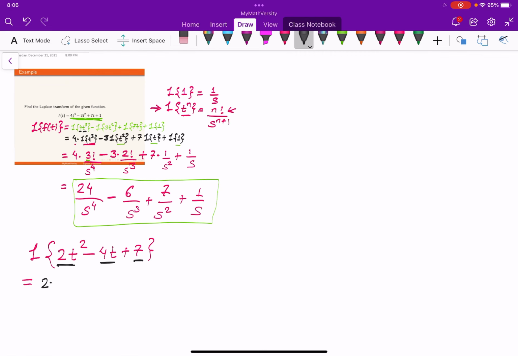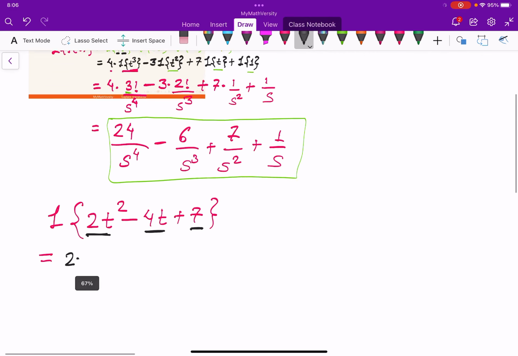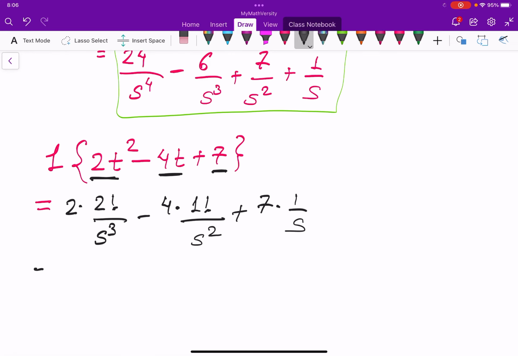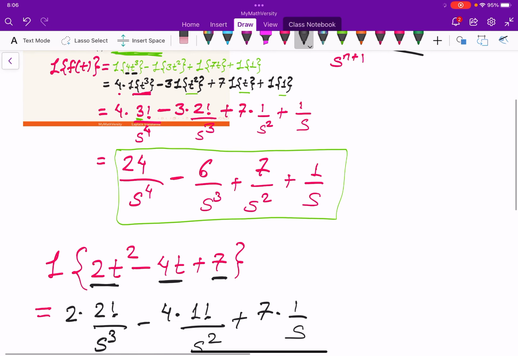Using this rule, that is 2 factorial over s to the power 2 plus 1, so s^3, minus 4 times 1 factorial over s to the power 1 plus 1, which is s^2, plus 7 times 1 over s. So we have 4 over s^3 minus 4 over s^2 plus 7 over s. This is how you can always figure out the Laplace transform of any polynomial function.